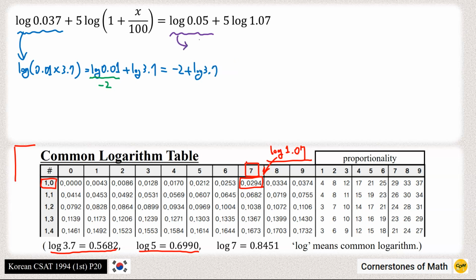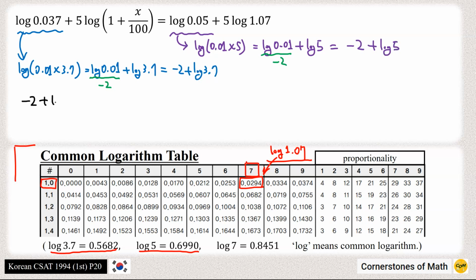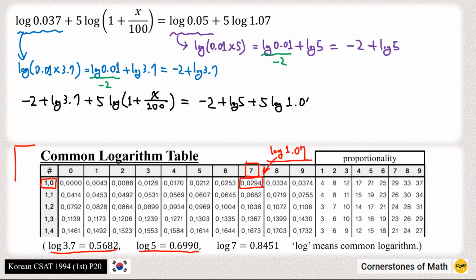And similarly, log 0.05 is log of 0.01 times 5. So here we have minus 2 plus log 5. So we have minus 2 plus log 3.7 plus 5 times log (1 plus x over 100) equals minus 2 plus log 5 plus 5 times log 1.07.